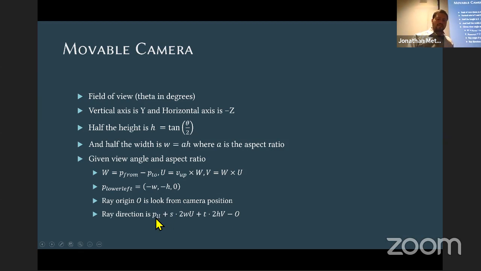If we have lower left and S is 0, then we're going to get the coordinates from the bottom left, right, and the top right. So that makes sure that we can get an actual physical area in front of the camera, okay?